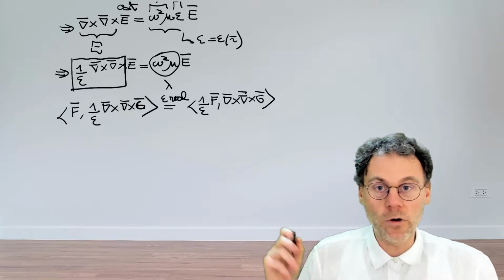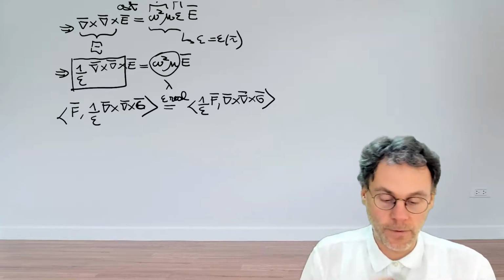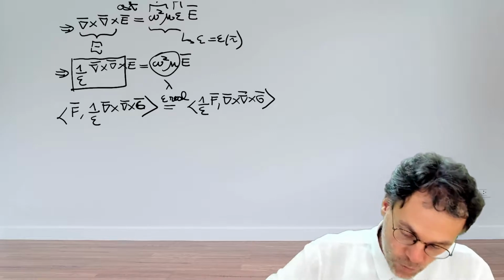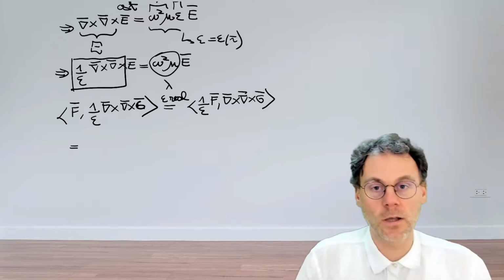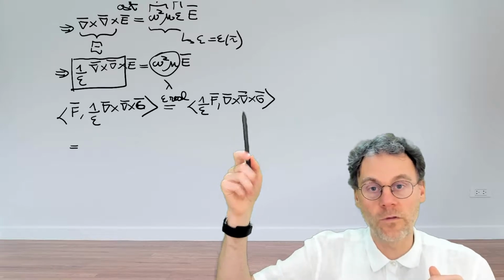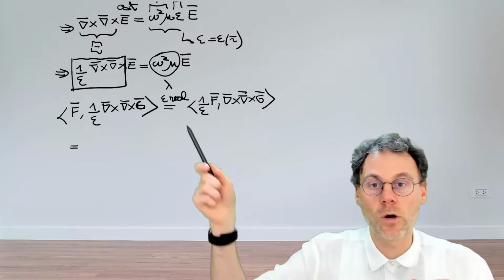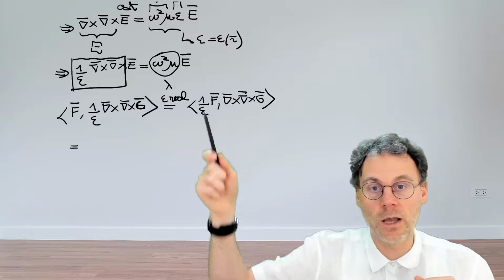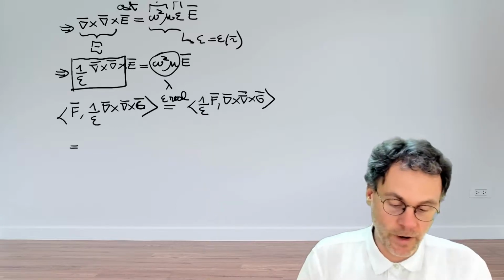The second layer of the onion is the curl. Now, there is a formula in the textbook that allows us to bring a curl from one factor to another factor, where we consider here 1 over epsilon f as a new single vector function.